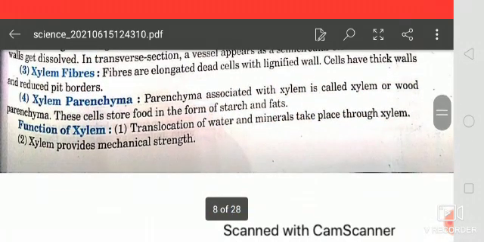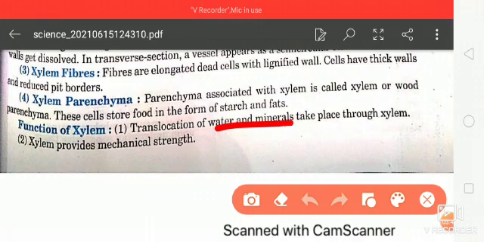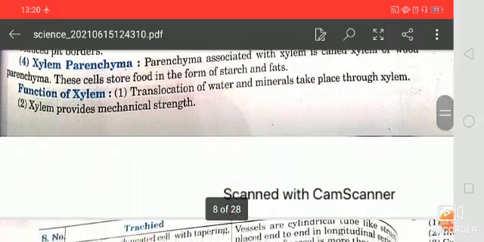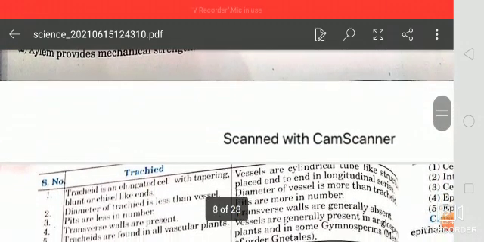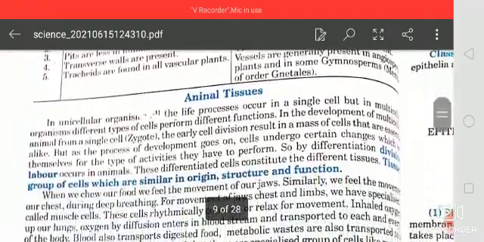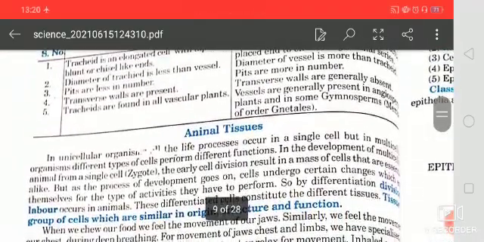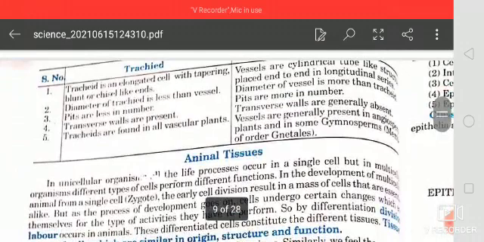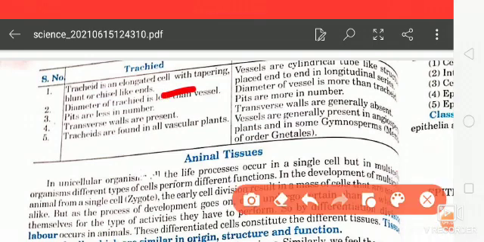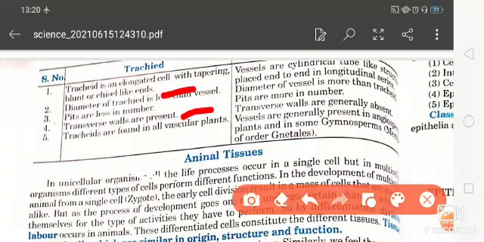What is the function of xylem? Translocation of water and minerals takes place through the xylem, and it also provides mechanical strength. Students, now the functions of tracheids and vessels. One important point is that in tracheids pits are less in number and transverse walls are present, and tracheids are found in all vascular plants.